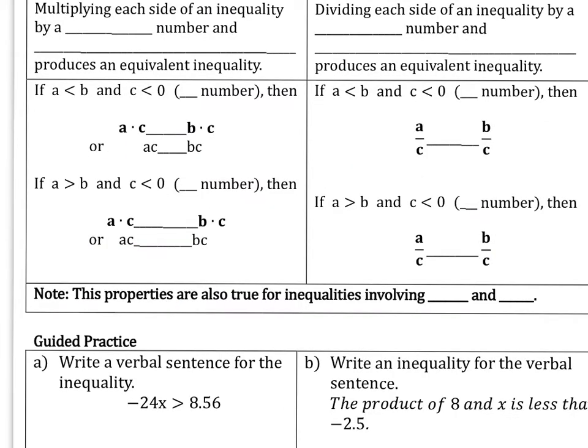And if we go back to the multiplication property of inequality, when you multiply each side of an inequality by a negative number, then you need to reverse the inequality sign.